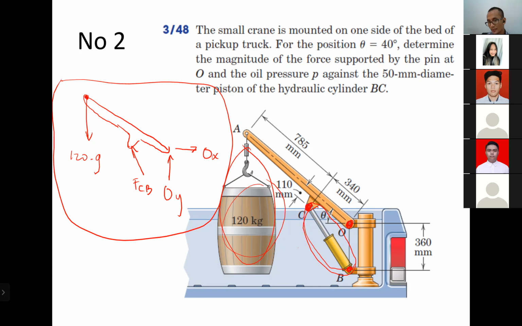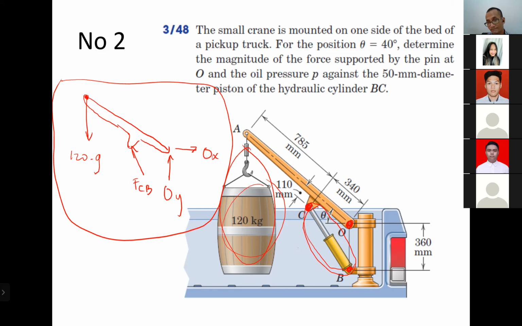By keep practicing, you will get used to it, and you know when a certain link is a two force member or not, how to replace a pin with a force, how to replace the roller with a force, and how to decide whether it's external forces or internal forces. You get it? Yes.